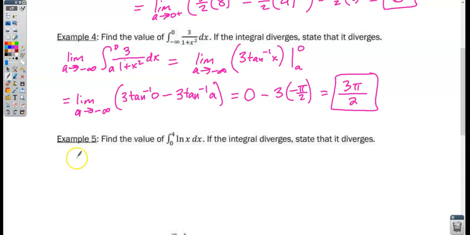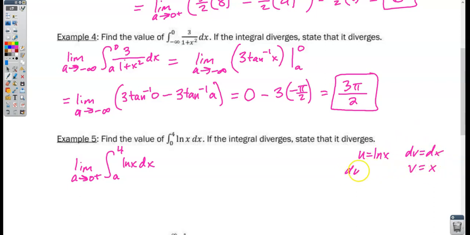So we're going to turn this into the limit as a goes to 0 from the right of the integral from a to 4 of natural log of x dx. Now, the integral of the natural log is something that we're going to do using integration by parts. u is equal to the natural log of x, dv is equal to dx, so v is equal to x, and du is equal to 1 over x dx.